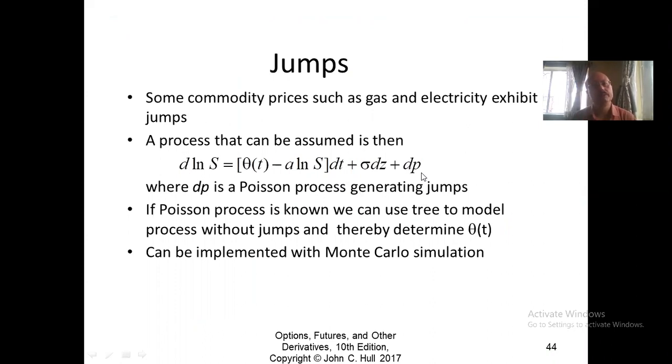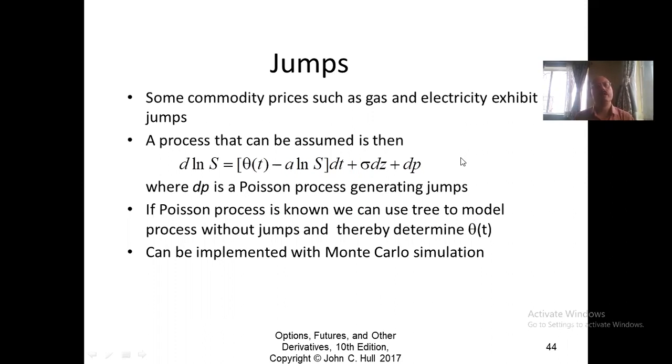And if this Poisson process is known, then we can use some kind of binomial tree-based models to solve this kind of equations and then go on to do the statistics here, or we can do simulations. But there are also analytical methods, and some of the analytical methods will be discussed later on in the course.